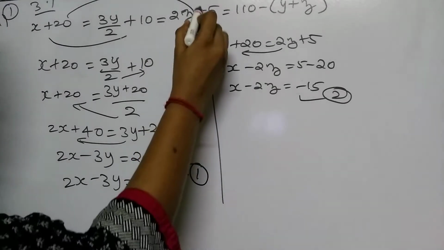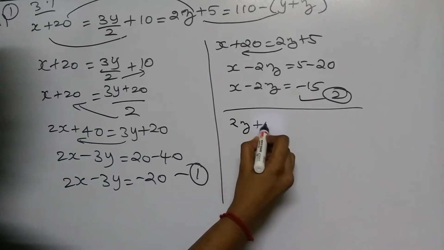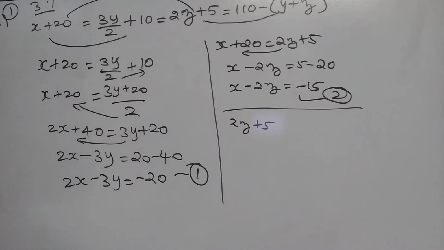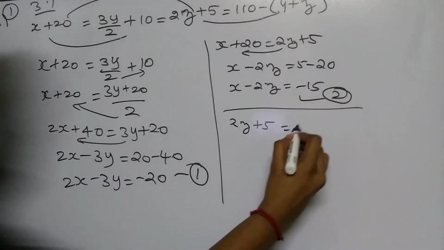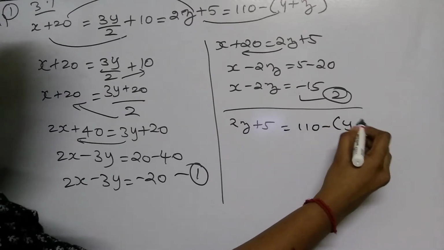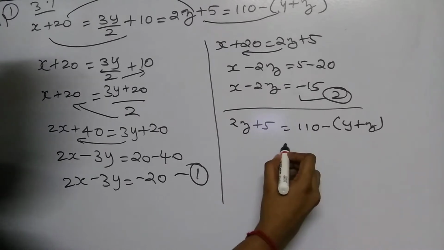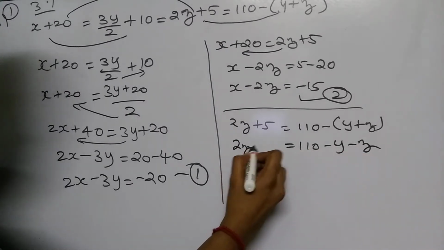Now comparing the third, 2z plus 5 with y and z, you solve it. So 110 minus of y plus z. This minus is spread inside also. That is 110 minus y minus z. Here you have 2z plus 5.